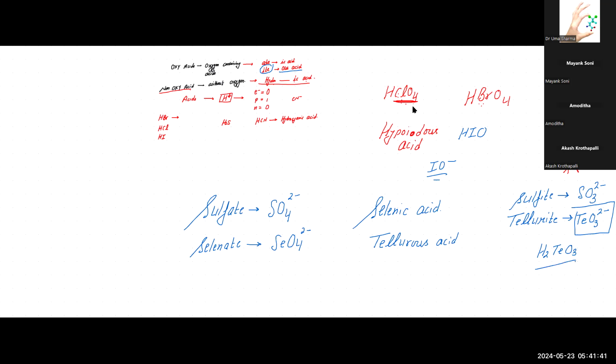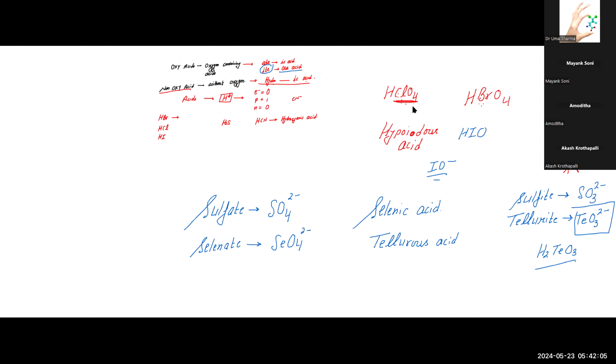Okay, good. So for elements of the same family, except the first element, the first element of every family, you can write down somewhere. This I will explain again when we do periodic trends. Every first element of a family is unique, different from the rest of the elements.